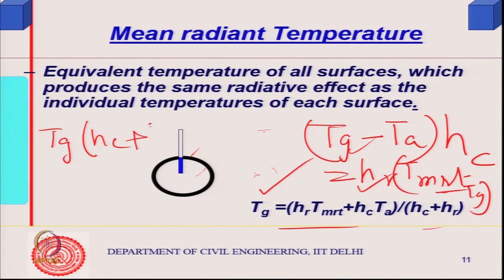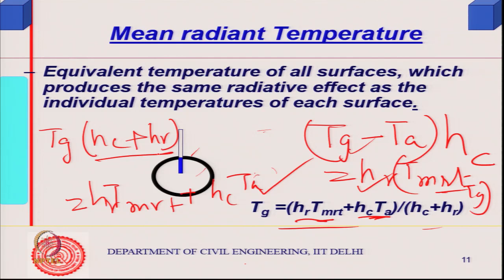If I bring it here, (Hr plus Hc) Tg must equal T MRT Hr plus Hc Ta. So, T MRT Hr plus Hc Ta divided by (Hc plus Hr) gives me the Tg.